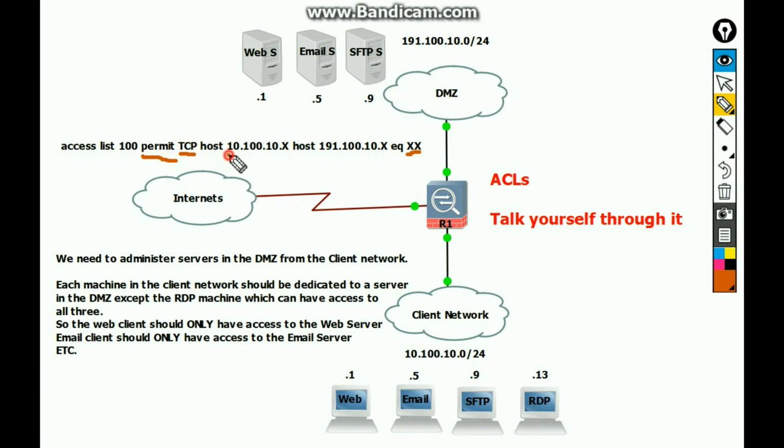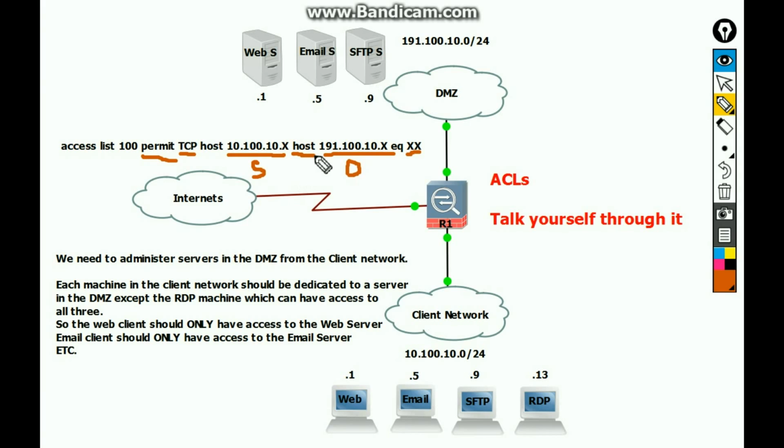We have this IP address here, and then that IP address there. So this first IP address is going to be the source. Where is this packet coming from? And then the next one is the destination. So where is this packet destined? So that is that.